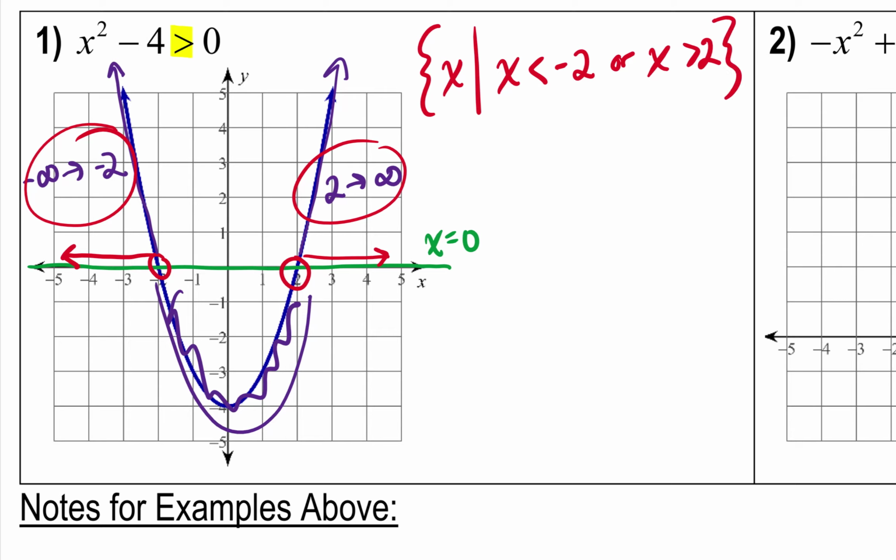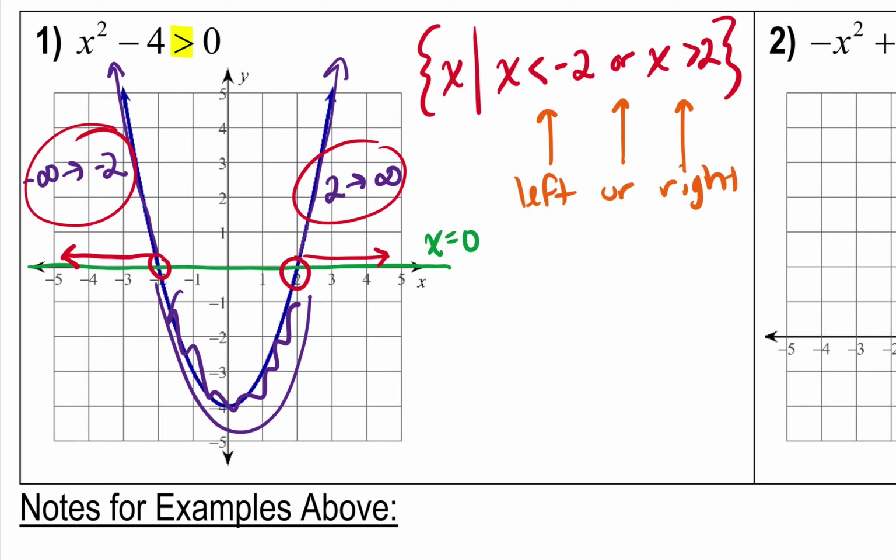Then fancy bracket, and that's my answer. Notice I write my left range first, I have my or in the middle, then I have my right range on the right. So it should go left or right.